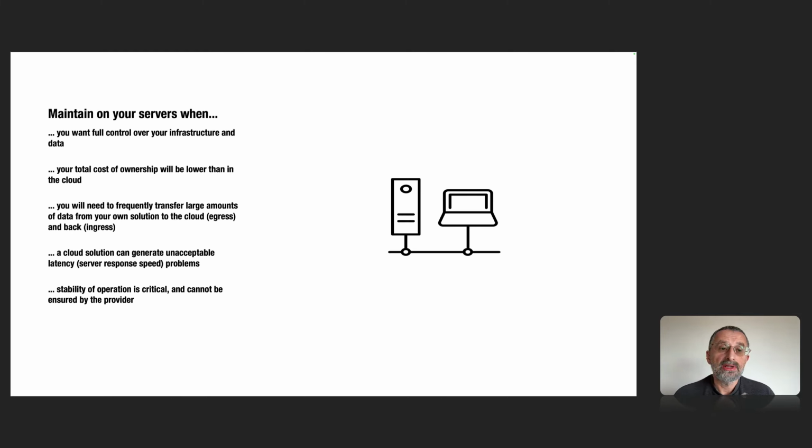Maintain your own servers when you want full control over your infrastructure and data. For example, for large language models and generative tech, you do not want your documents, even in the form of embeddings, to leak to external providers. Or, for example, GDPR is important.